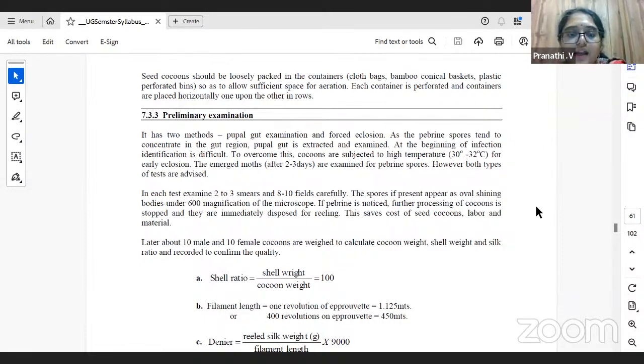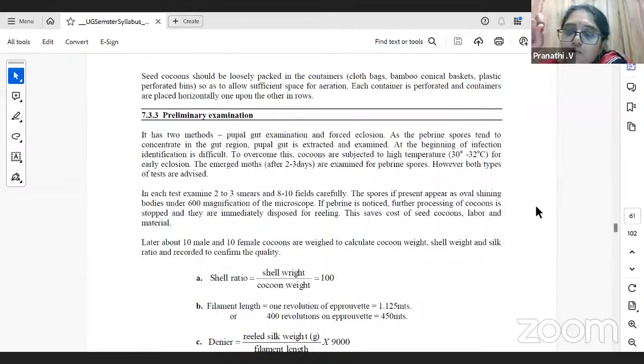The beginning of the infection is difficult to identify. To overcome this, take 1 or 2 cocoons and put them at high temperatures, that is 30 to 32 degrees Celsius, for early eclosion. These moths are going to emerge 2 to 3 days out of the cocoon. That is when you can take the moths and look for pebrine spores.